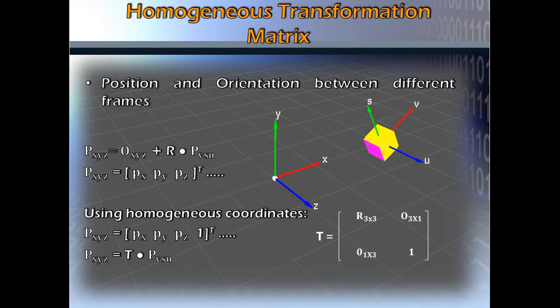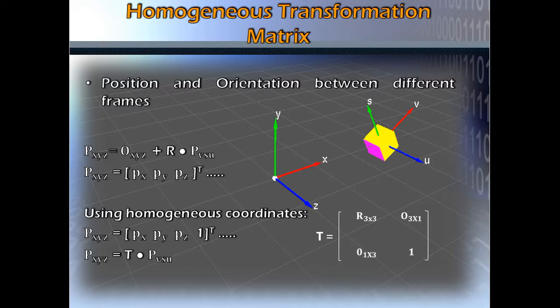If we sum this transformed vector with the vector O, x, y, z between the origin of the frame x, y, z and the origin of the frame VSU, we can compute the position of any point of the cube with respect to the frame x, y, z. And this position vector, or this point, is pxyz. All vectors in this relation are column vectors.